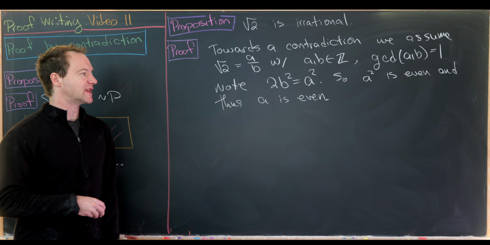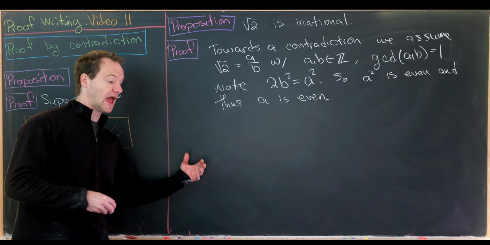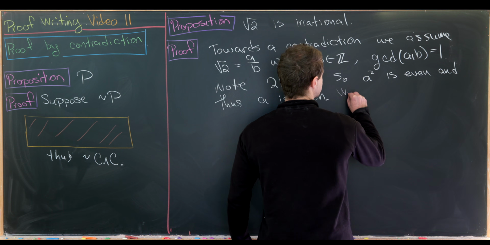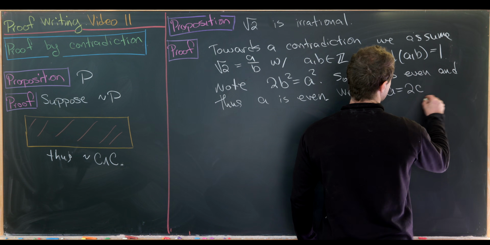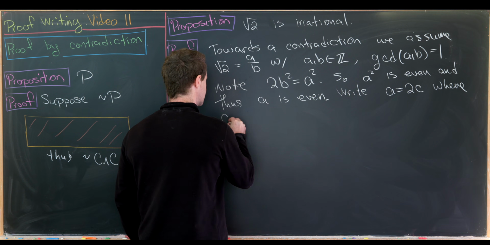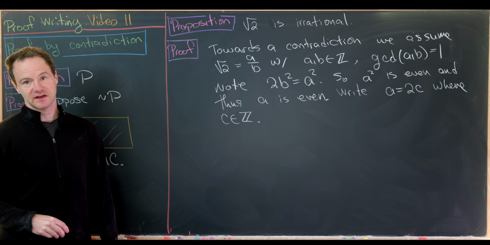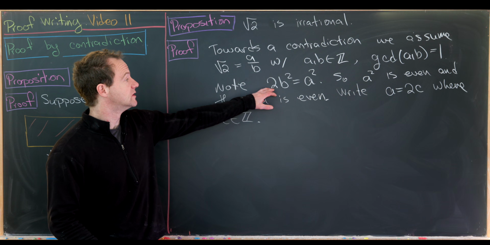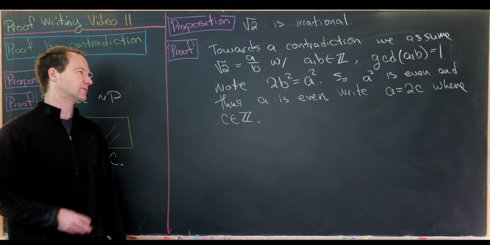Okay, so we know that a is even, but now we can decode a being even into an equation. So now let's write a as 2 times c, where c is some integer, right? So that's the definition of evenness. And then plugging this expression for a into our equation right here will actually bring us to an immediate problem.